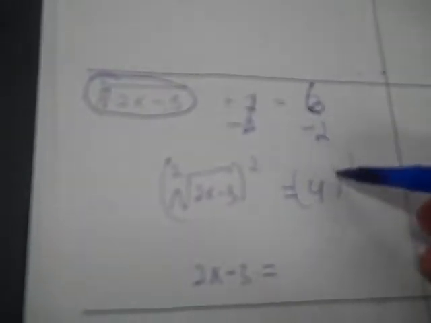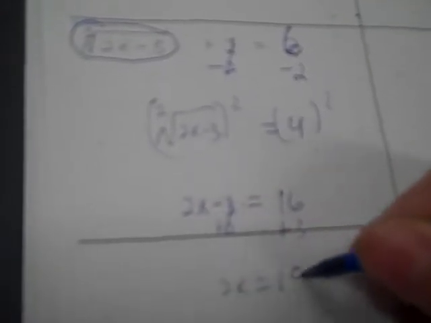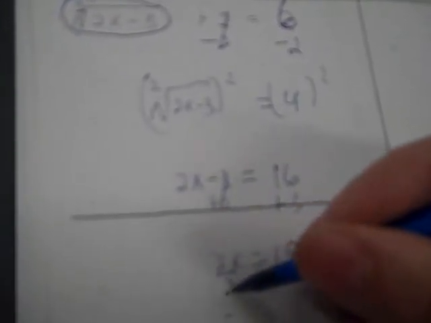Okay, these undo each other, and I get the expression 2 times x minus 3. It's 4 times 4, and that's 16. Then add 3 to both sides. 2x equals 19. Divide by 2. 19 divided by 2 is 9.5.